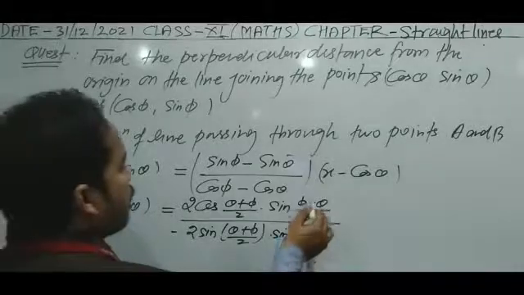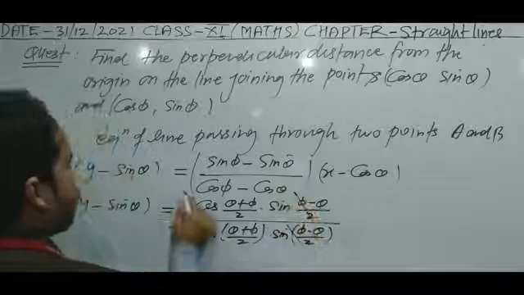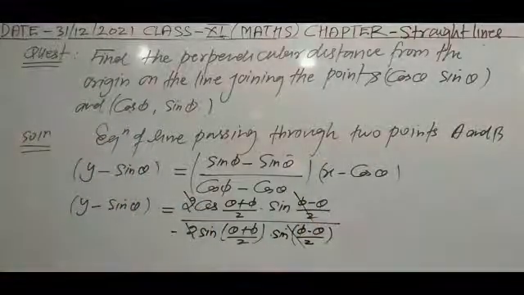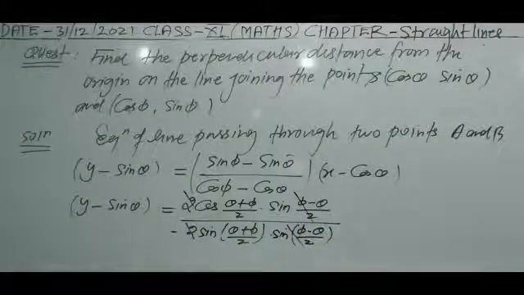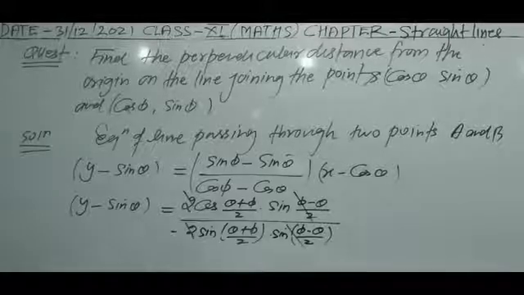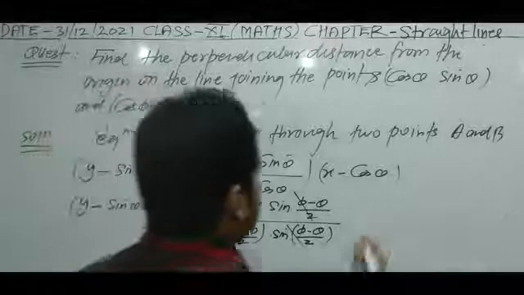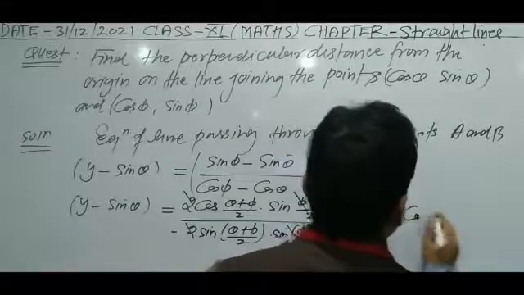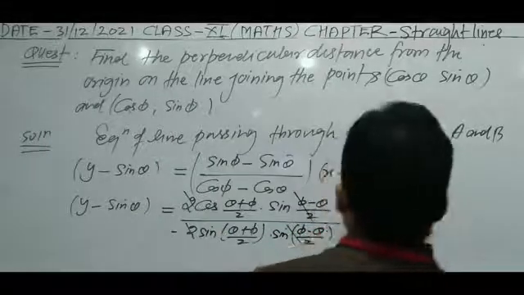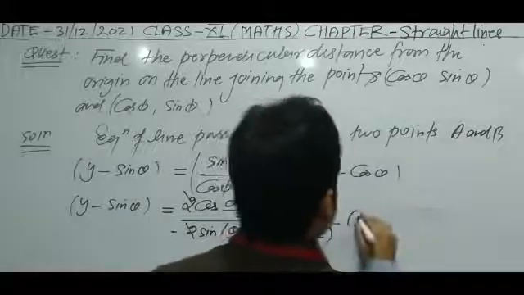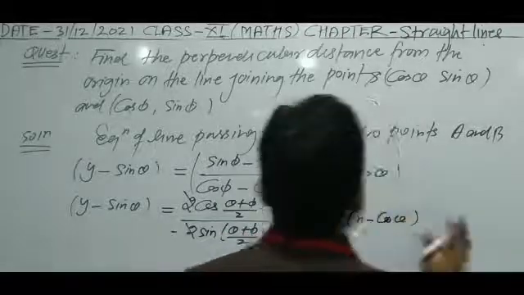Now this term will cancel. 2 cancels. The result will be cot of theta plus phi by 2, with minus sign, into x minus cos theta also.